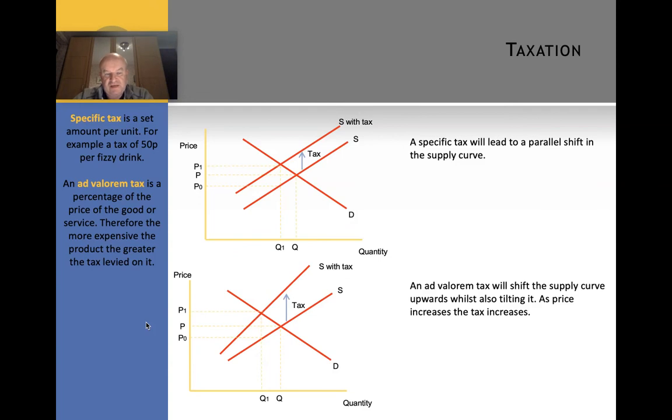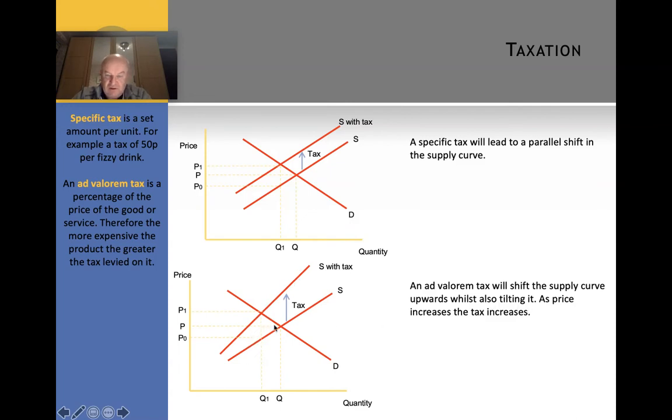Okay, and clearly that would mean that as products become more expensive, then if it's a percentage, there's a greater amount of tax charged on the more expensive product. So in this instance, where we're talking about an ad valorem tax, the shift in the supply curve would also be upwards, but it's also tilting, as you can see.